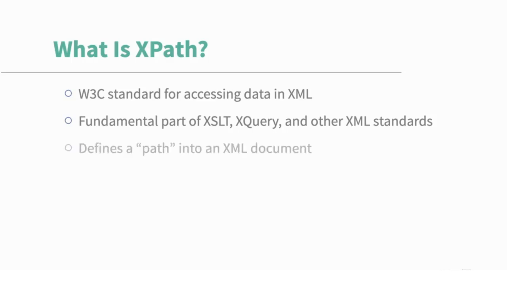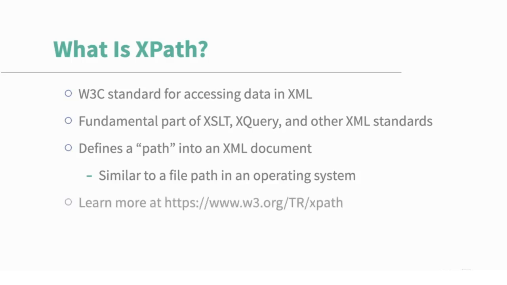Essentially, XPath provides a way to query and extract information from XML content by using path-like expressions. And you can think of this as being similar to a way that directory paths work in a file system.